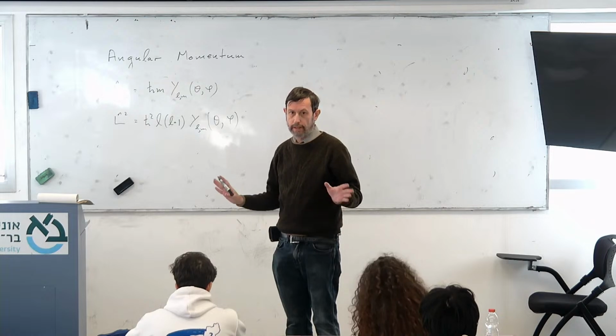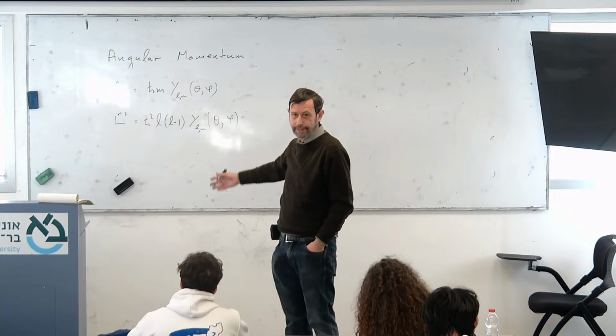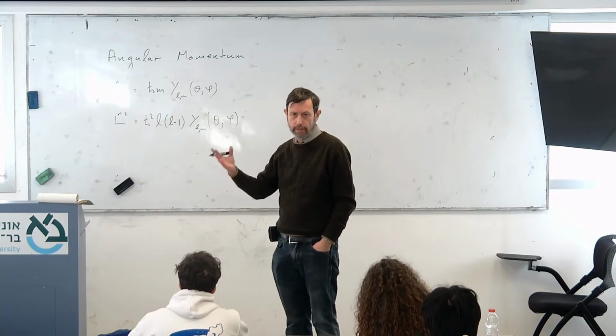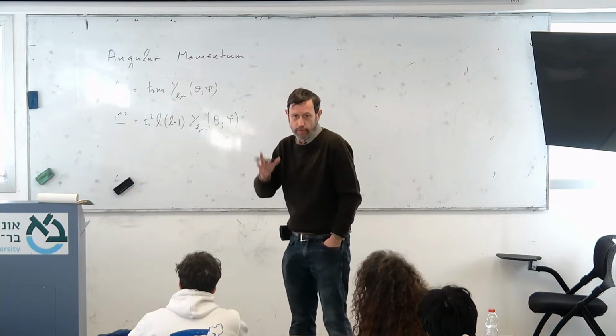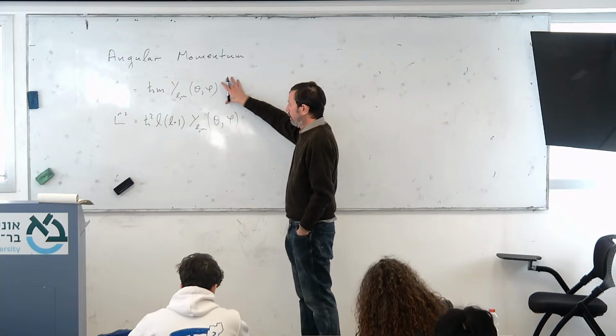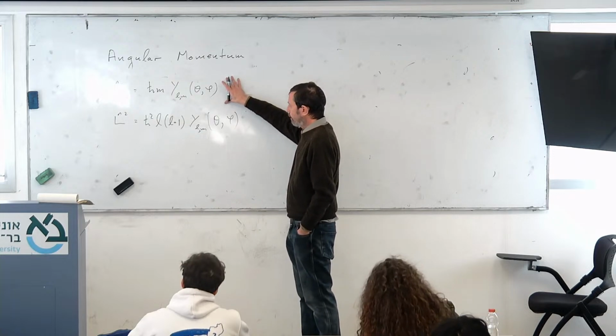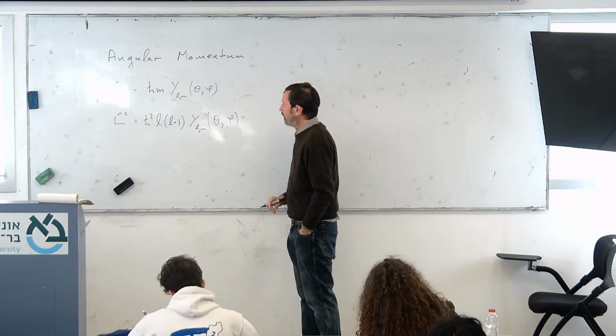Just by counting the number of equations that I have here for L squared and Lz, I decide I'll have 2 quantum numbers. I don't know yet the exact ways that they depend here.